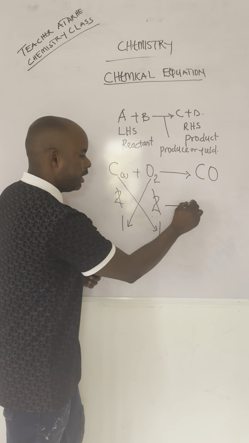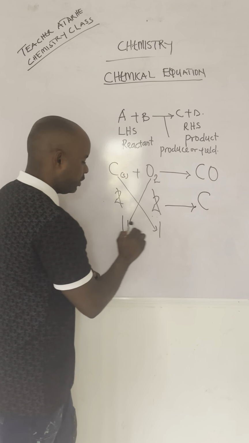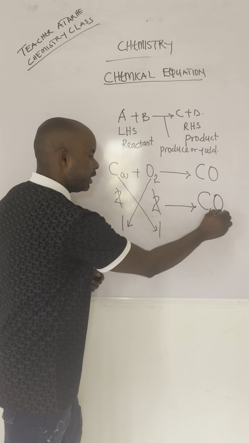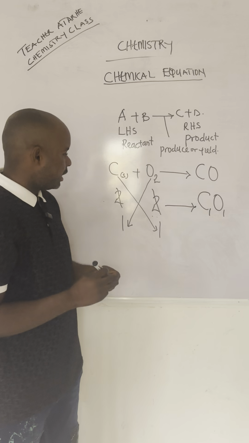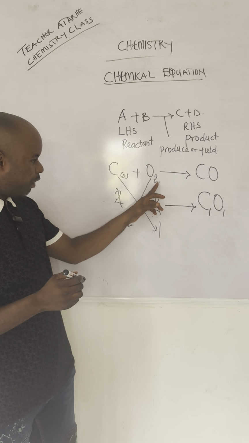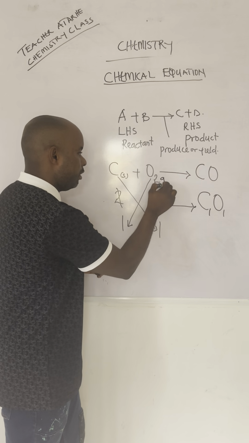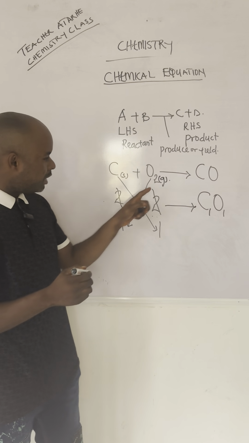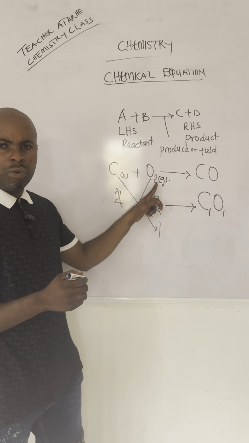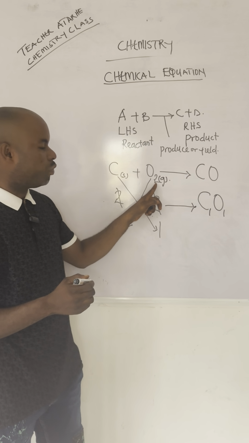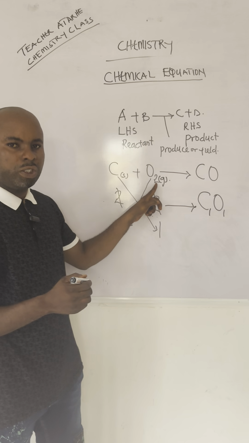So C is going to take 1, oxygen is going to take what? 1. Bear in mind that this form of oxygen, which is in gaseous form, does not play any role in their combination. We can only use this tool for balancing this equation, but not in the chemical combination.